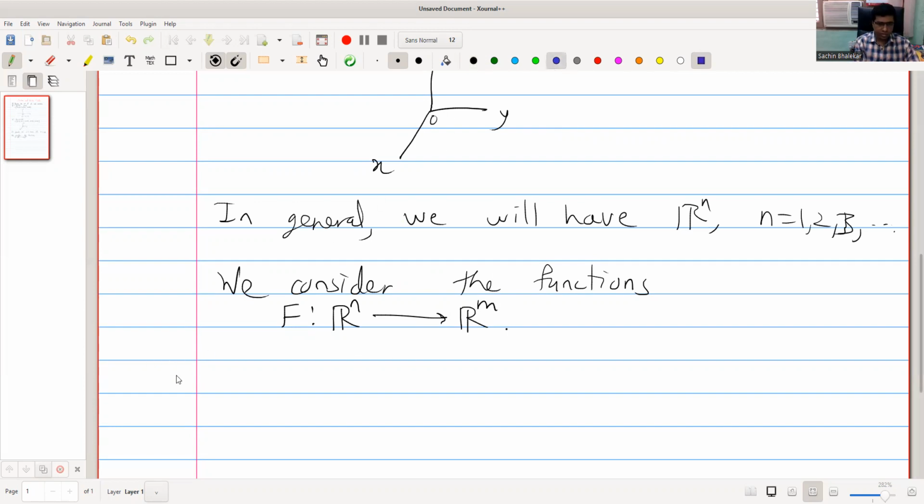So here, first thing, if n equal to m equal to 1, then this f is a real valued function of real variable.